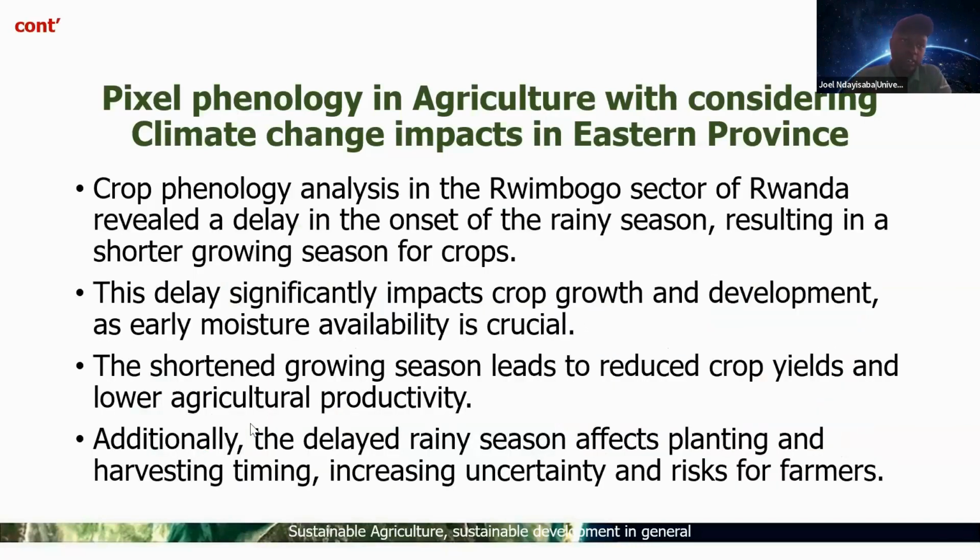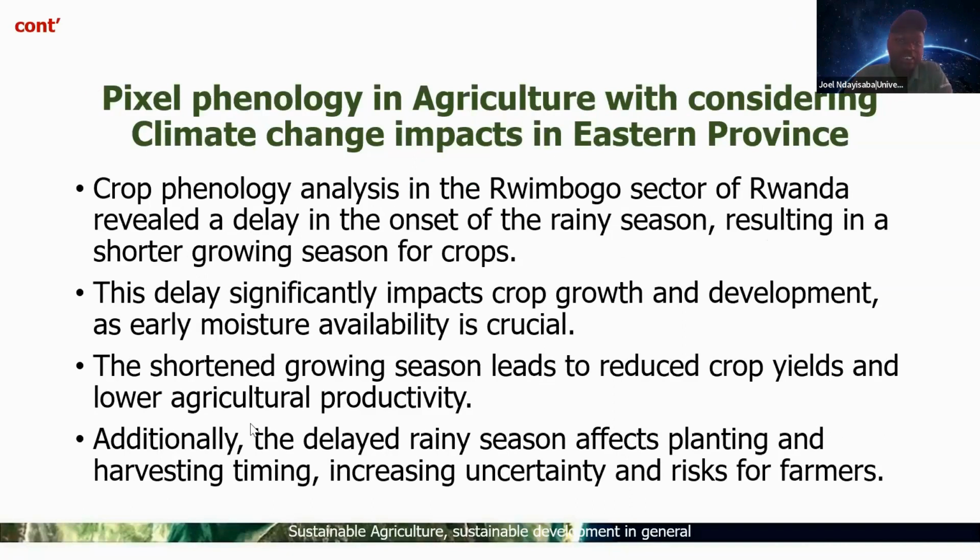To continue, we observe that crop phenology analysis in the Rwimbogo sector of Rwanda revealed a delay in the onset of the rain season, resulting in a shorter growing season for the crops. As a farmer, you understand that as long as the onset of rain is delayed, crop production reduces.